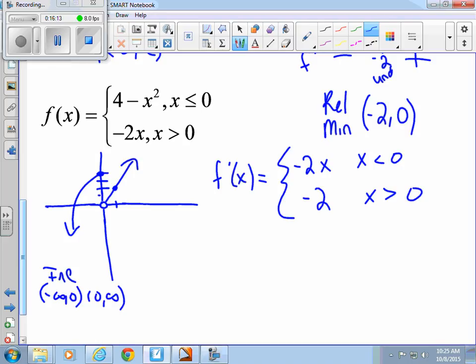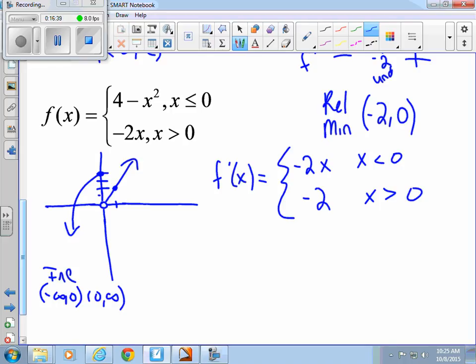Are these derivatives the same at 0? What's the derivative of this one at 0? 0, right? 0 times negative 2, 0. What's the derivative of this one at 0? Negative 2, right? But this is the derivative. Okay. So at 0, those derivatives are not the same.